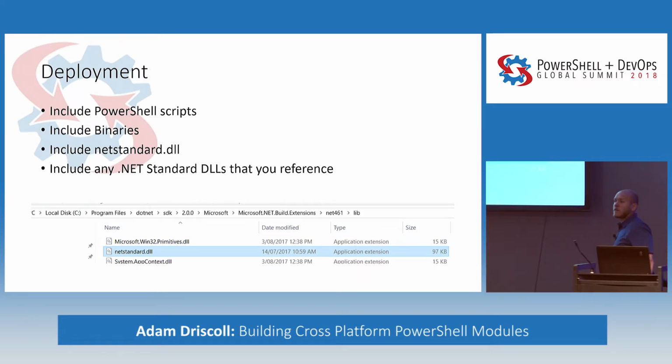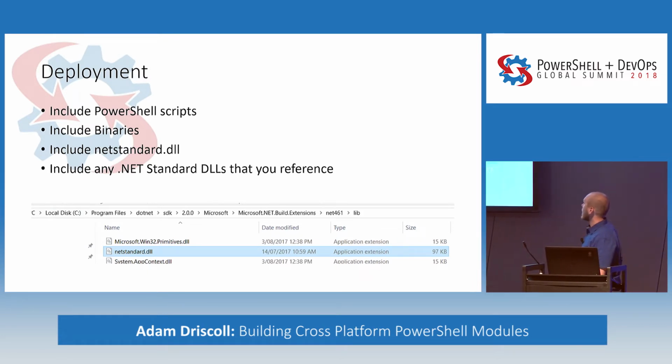It's actually part of the .NET Core SDK, and that puts the bits in place to work on .NET Framework. You just put that alongside your other binaries, and it'll find that and load it up. And your stuff should work in .NET Framework Windows PowerShell.